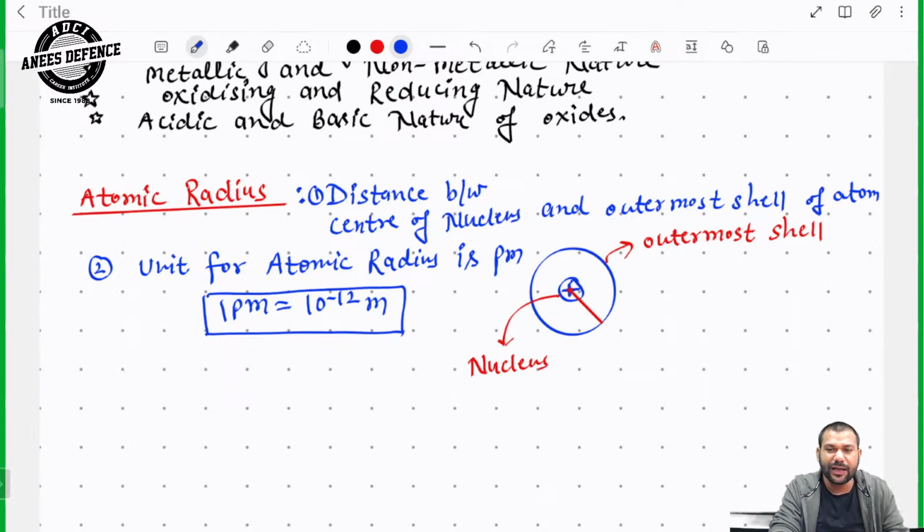The arrangement in which elements exist is different for different elements, so the atomic radius of different arrangements will be different. And here we will have some basic idea about that.